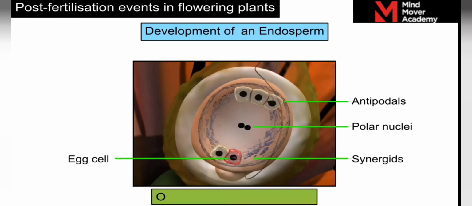The other sperm cell merges with the polar nuclei to form the triploid primary endosperm cell. Hence, each ovule contains 2 fertilized cells, and this feature is unique to these flowering plants.